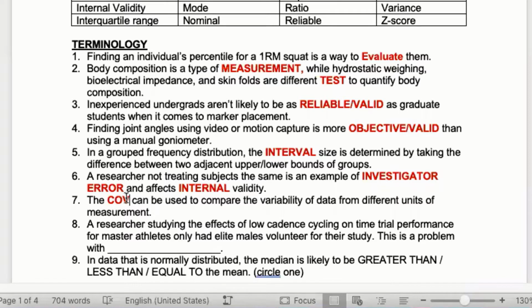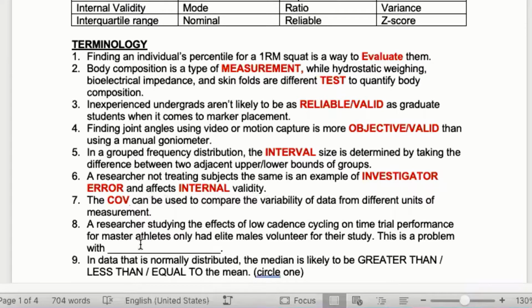Even if you had VO2 max versus height versus GPA versus bench 1RM versus squat 1RM, even though those have their own units of measurement, as soon as you put them into the coefficient of variation you turn them into a percentage, and then you can compare all of your percentages. Whichever variable has the smallest percentage has the least variability, and whichever has the highest percentage has the highest variability. That's a little comment on activity 2, but yes, coefficient of variation is used to compare variability of data from different units of measurement.